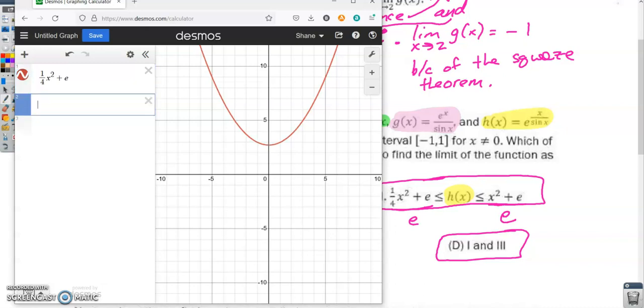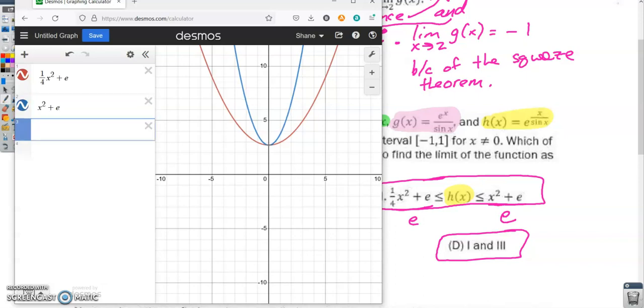We've got x squared plus e as our second graph. And then sandwiched in between them is e to the x over sine of x.